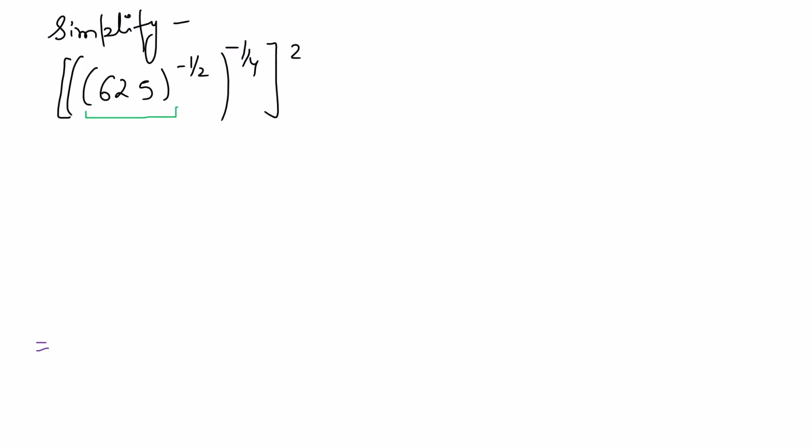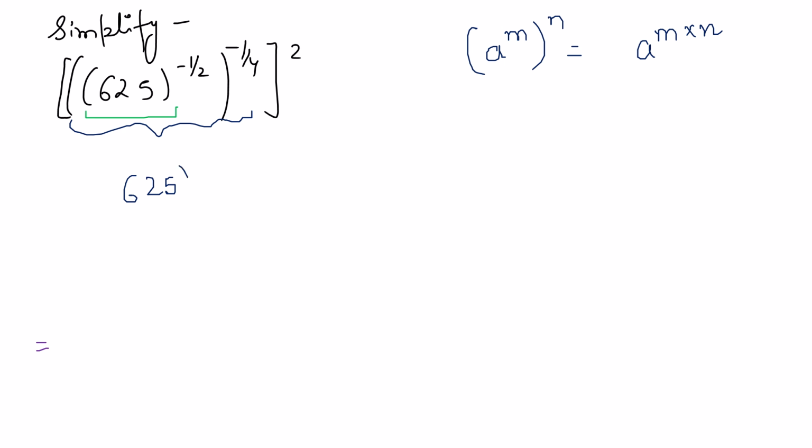So the next question is 625 to the power minus 1 by 2, to the power minus 1 by 4, whole power 2. So we have learned that a to the power m to the whole power n is nothing but a to the power m into n. Right? So let's start with the two brackets. So you have 625 to the power minus 1 by 2 multiplied by minus 1 by 4, to the whole power 2. Right?